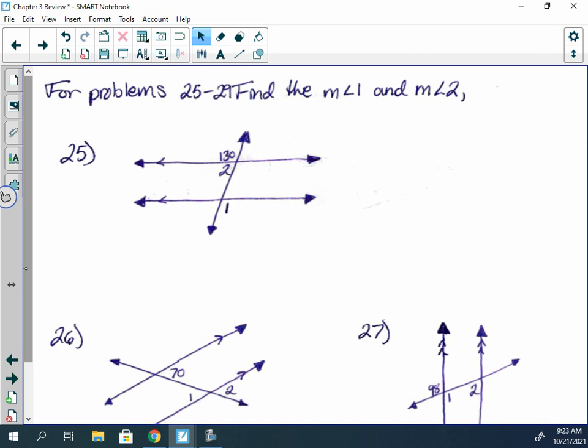25 through 29. So we have two parallel lines cut by a transversal. So with these here, the angles are going to be one of two things. They're either going to be what? So if they are alternate interior, that means that they are. So they're either going to add to 180, or if they don't add to 180, they're the same.